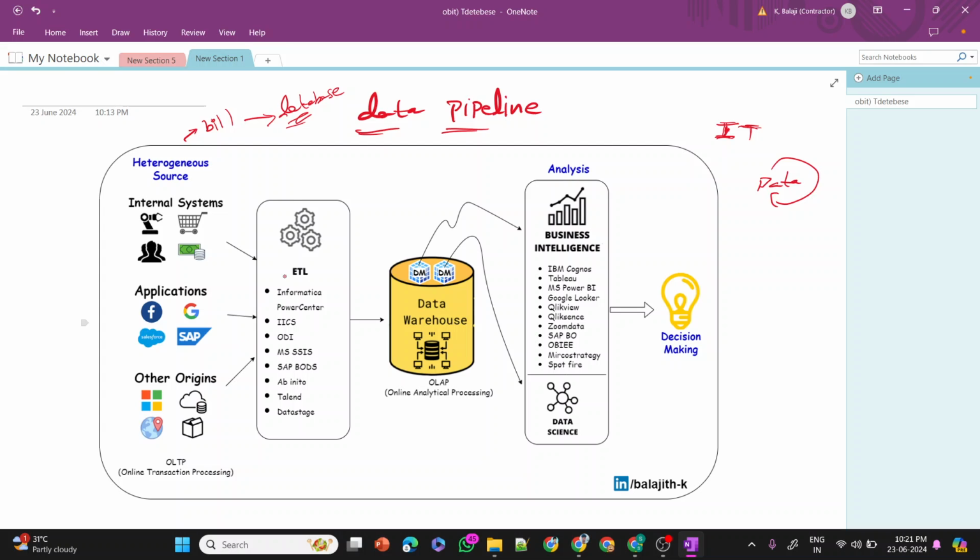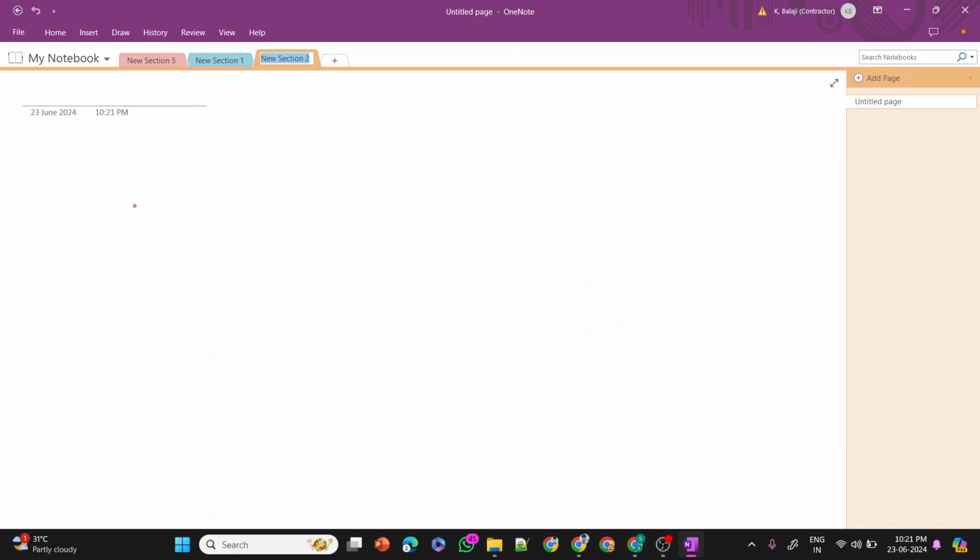After collecting the data from various sources, that is normally called heterogeneous sources, because each source is in a different form. First, we need to know the data source.